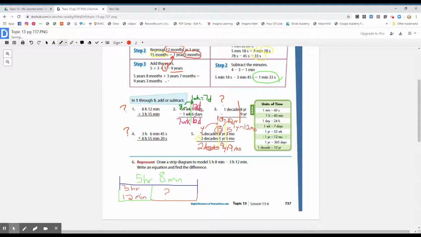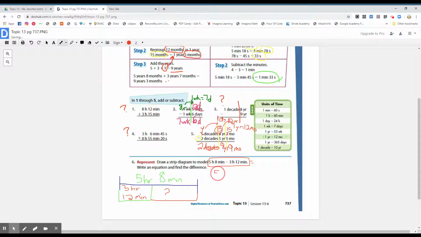So it says write an equation and find the difference. This is the equation, boys and girls, with the equal sign, of course. And they want you to subtract. They want you to find the difference. So you set them up just like you did. They were here.